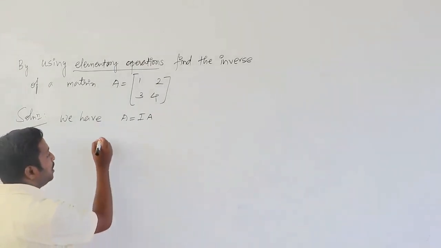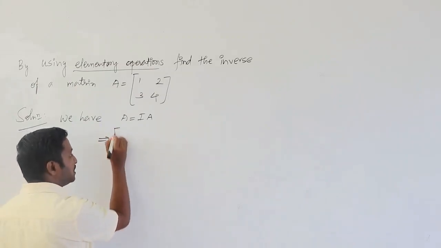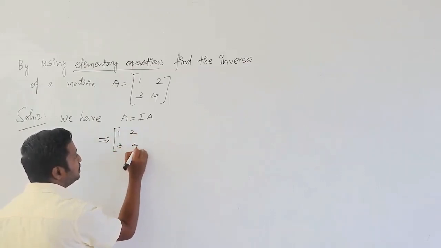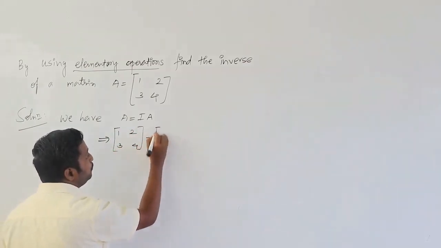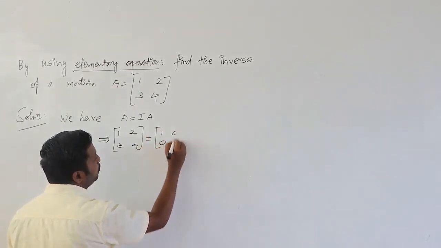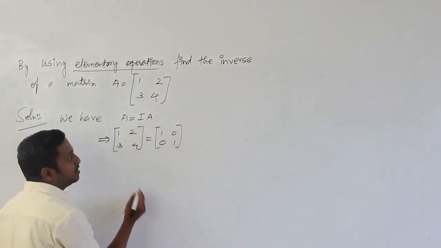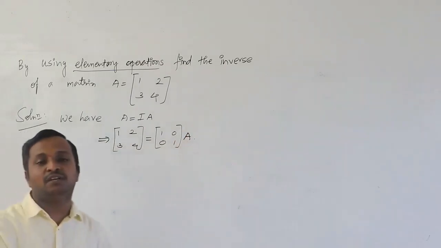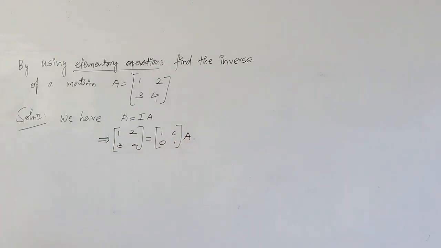So now, just keep this A matrix, 1, 2, 3, 4, equal to 1, 0, 0, 1, the identity matrix, and A as it is. So here I will write A is equal to I into A. We know the property.